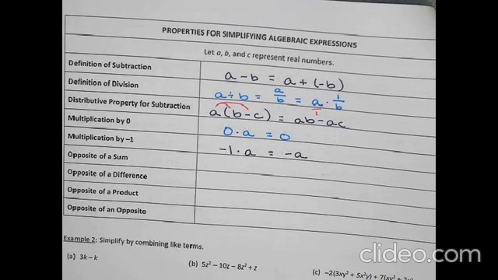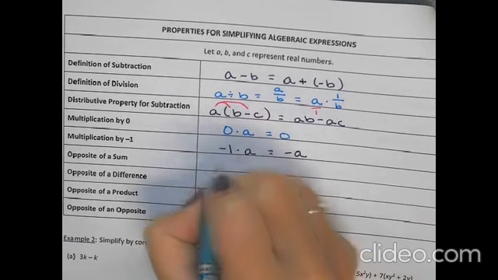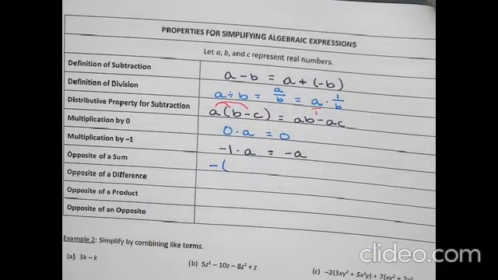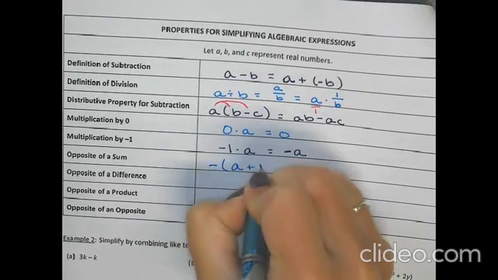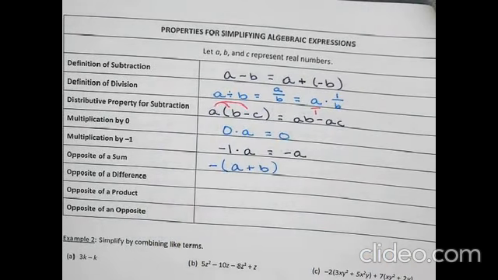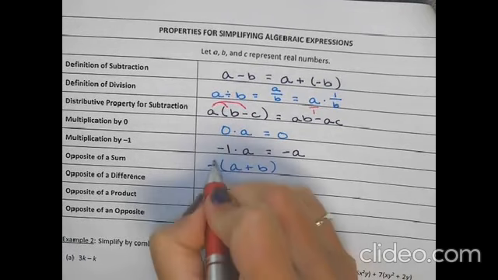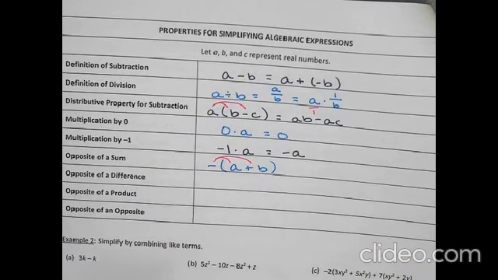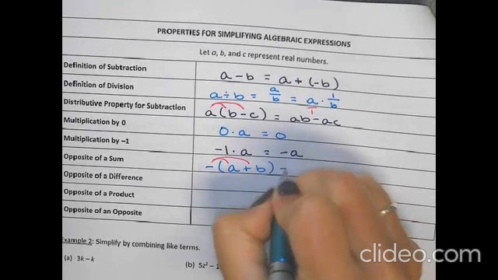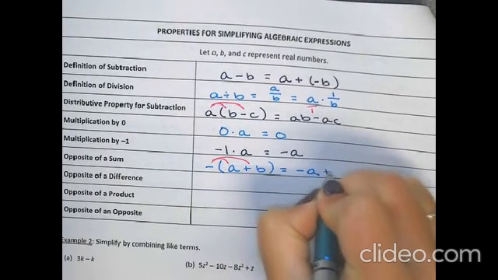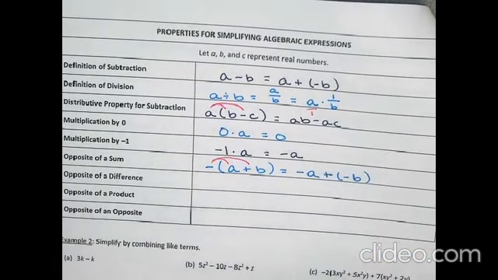The opposite of a sum says that you're going to negate. Sum is adding of two numbers, so A plus B. Again, this is just like the distributive property where that negative sign has to actually go to both of those terms. So this would be -A plus -B.